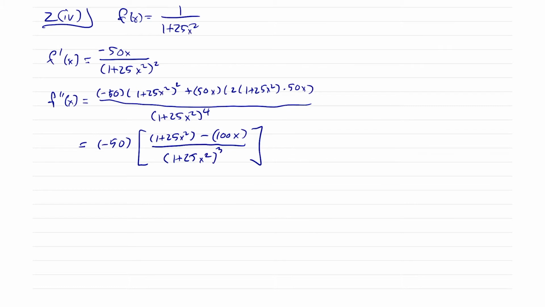Okay, disaster averted there. And so then we get this. This is minus 50 times 1 minus 100x plus 25x squared, all divided by 1 plus 25x squared.